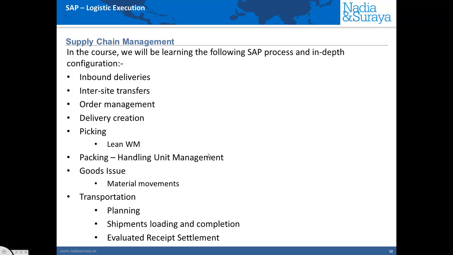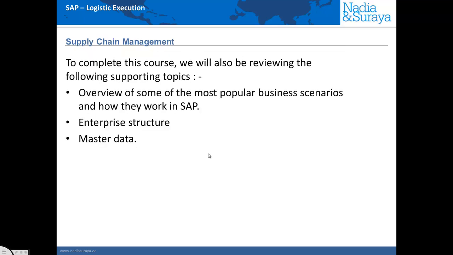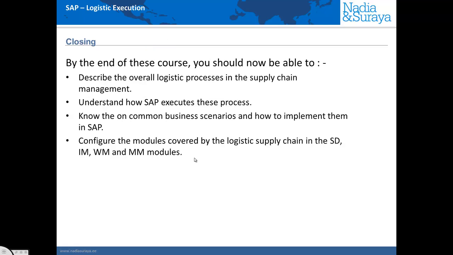And in transportation, we'll be looking at the planning, shipping, processing, and something called evaluated receipt settlement. To round out the course, we'll be also looking at the most popular business scenarios in SAP, the enterprise structure, and the master data.